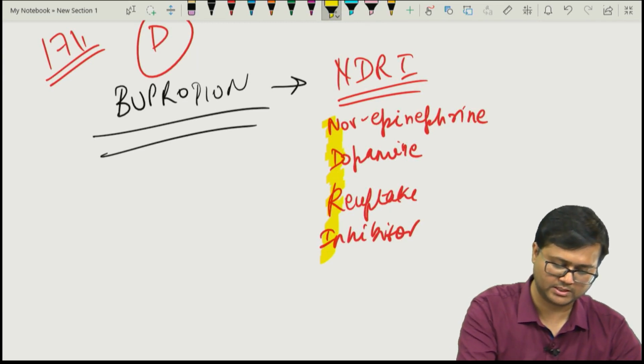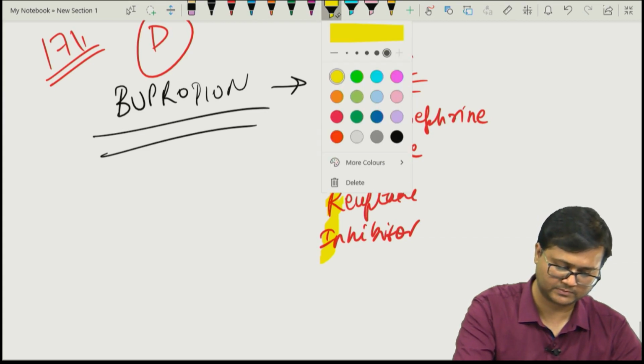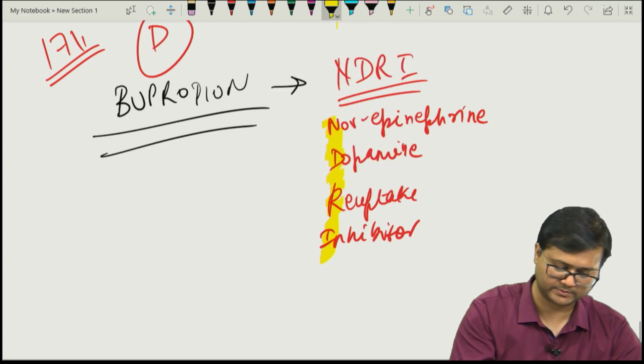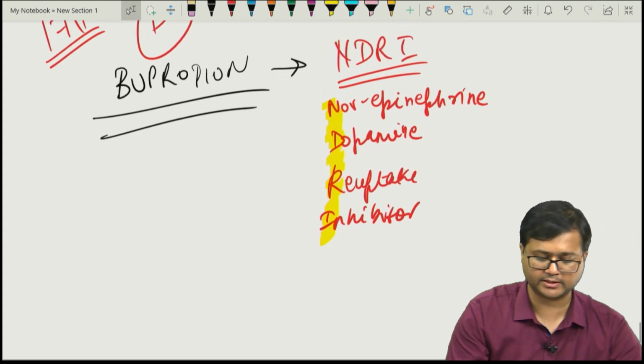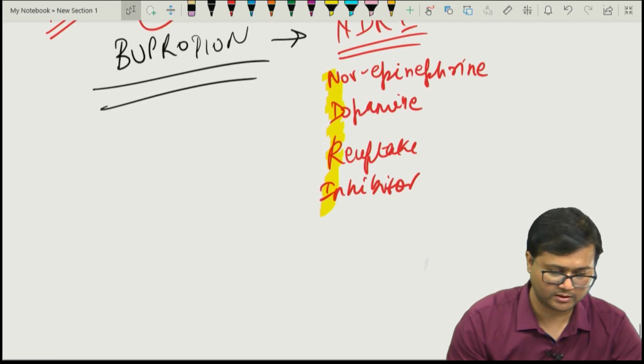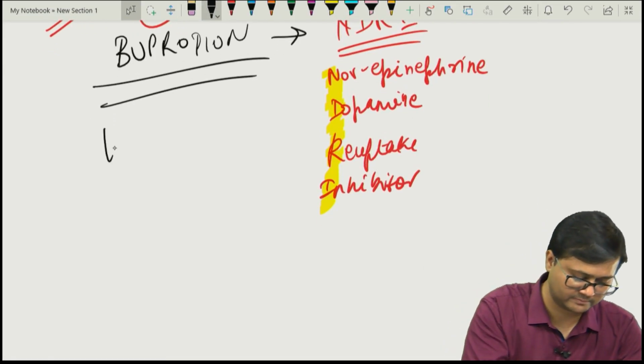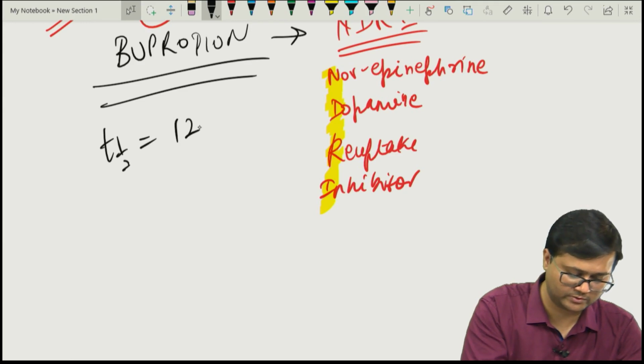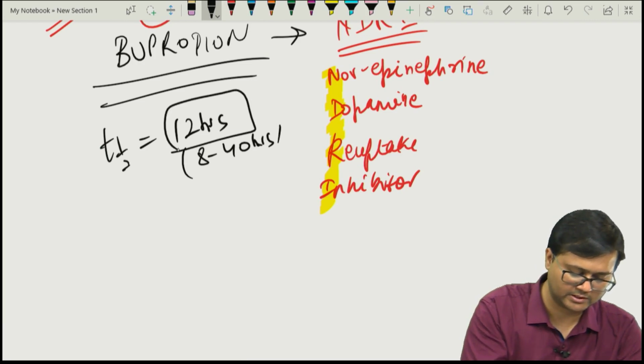It generally increases the norepinephrine as well as dopamine in the brain. Its half-life is around 12 hours, although it may range from 8 to 40 hours, but the average half-life is 12 hours.